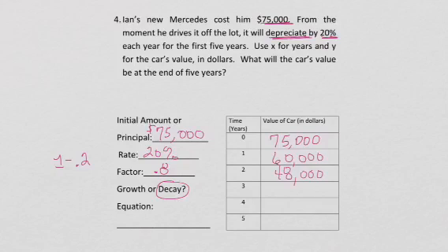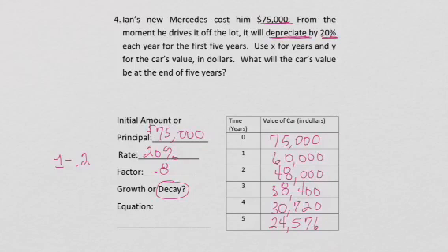The third year it decreases to $38,400. The fourth year it decreases to $30,720. And the fifth year it reduces in value to $24,576.